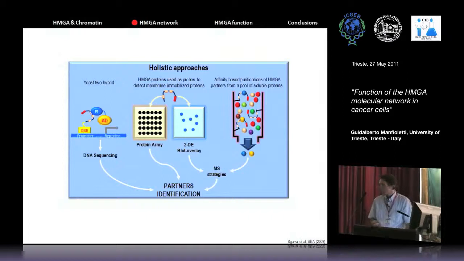Another approach, which I would call a holistic, unbiased approach, relies on, for example, yeast two-hybrid or protein arrays or proteomic approaches such as two-dimensional gel electrophoresis coupled to blot overlay or affinity chromatography. Both of these approaches need later identification of the partners by mass spectrometry.